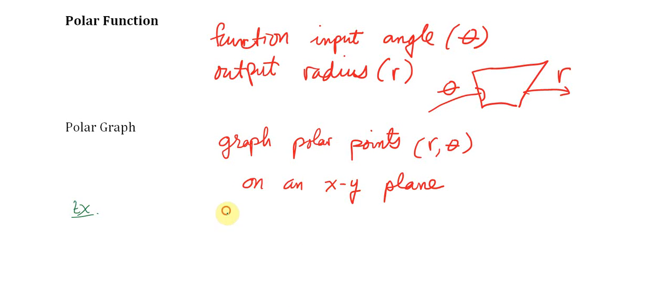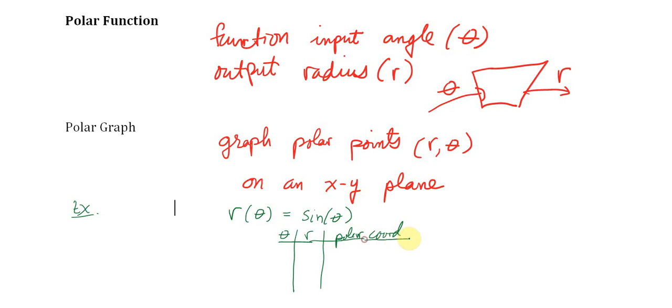So let's look at one quick example. Let's say I have a polar function r of theta equals sine of theta. We are going to start out with a table. Input is theta, value is r. The polar coordinate point is going to be (r, theta), and then we'll create our graph right here.